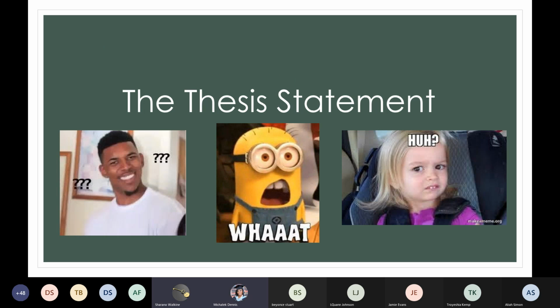Now, what we're focusing on today is a thesis statement, more specifically the expository thesis statement. Who can remember what the thesis statement is? What is the job of it? What is the focus of the thesis statement?